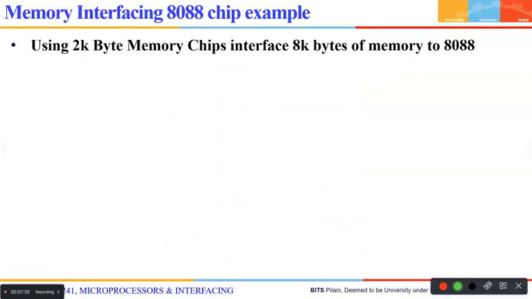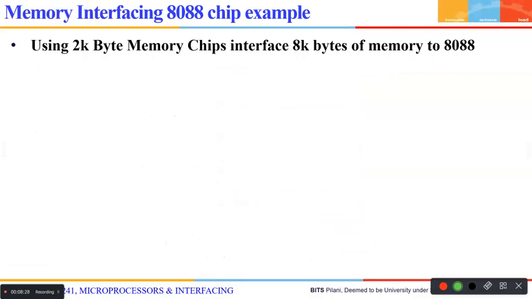Only the size of the instruction queue and the data bus. 8086 has a 16-bit data bus. In one machine cycle, how many bits can it read or write from memory? 8086 can read 16 bits. 8088 can read and write 8 bits.